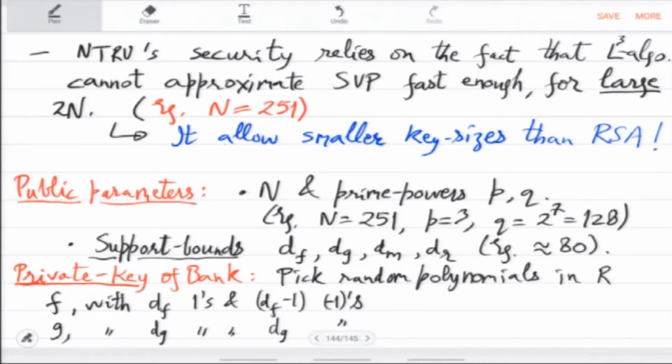In particular note that f at 1 is 1 while g at 1 is 0. Okay, so this is private, and f and g are polynomials where coefficients are 0, 1 or minus 1. So these are ternary polynomials.